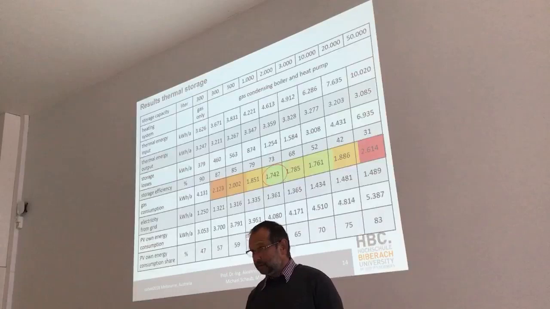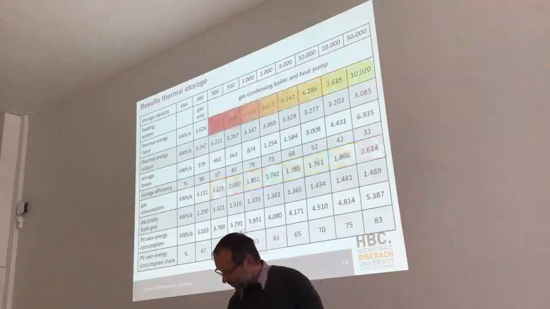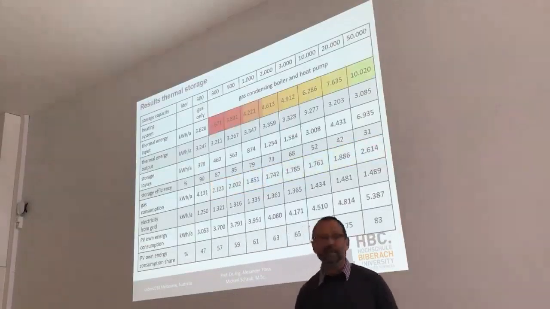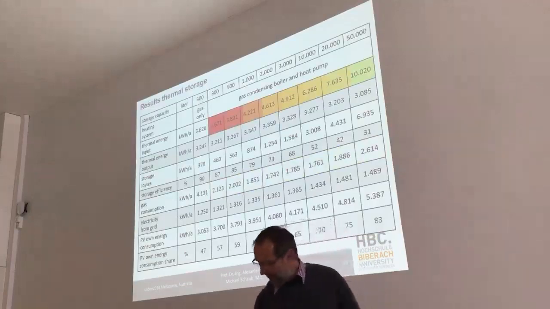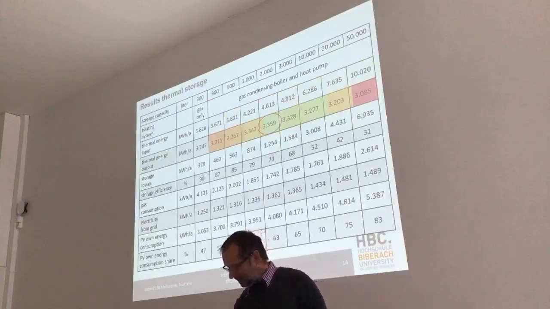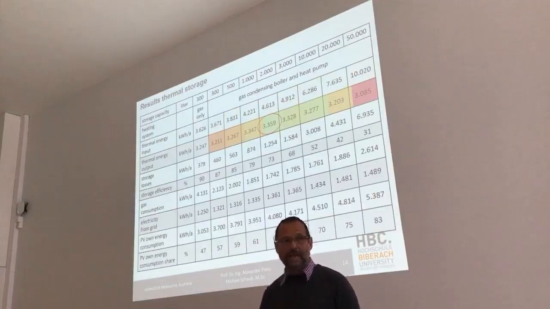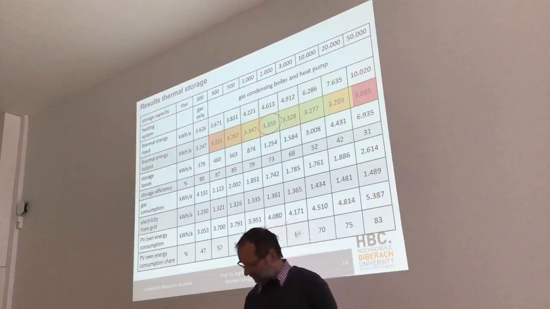That can be explained by looking at the thermal input. The energy input to the storage tank rises with an increasing storage tank size. But due to higher losses of the larger tanks, the energy output of the storage tank is at a maximum at a size of 2,000 liters.